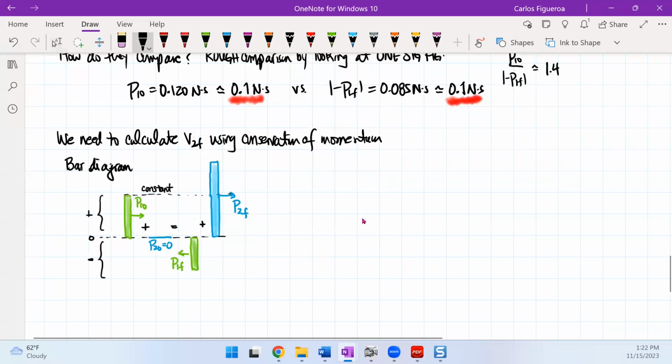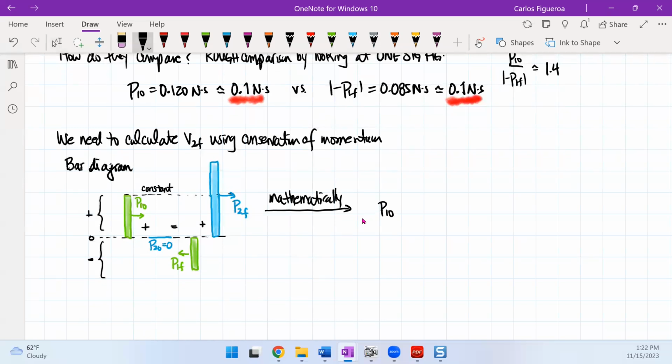Now, if I look at this mathematically, what do I see here? This tells me that I get P1 initial plus P2 initial, which is 0, equal to negative P1 final plus P2 final.